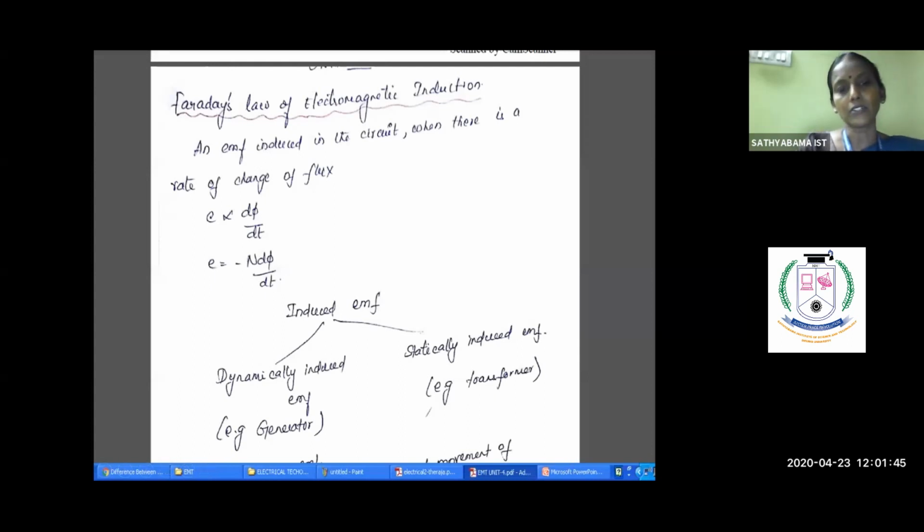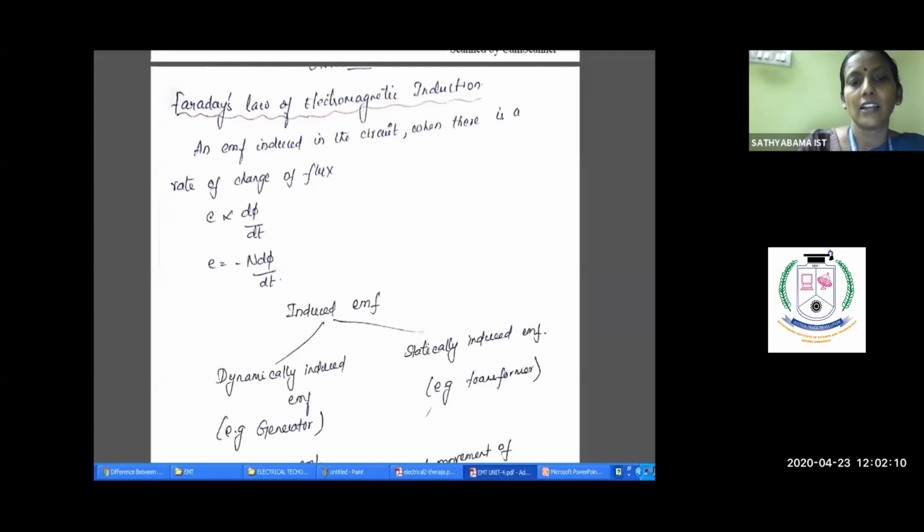For producing an EMF, we need two main parts. One is the magnetic field, and another one is the conductor. Either your conductor is moving and magnetic field is stationary, or else your conductor is stationary and magnetic field is moving.